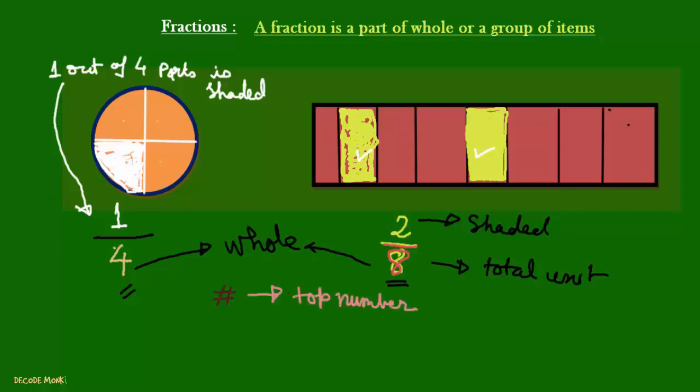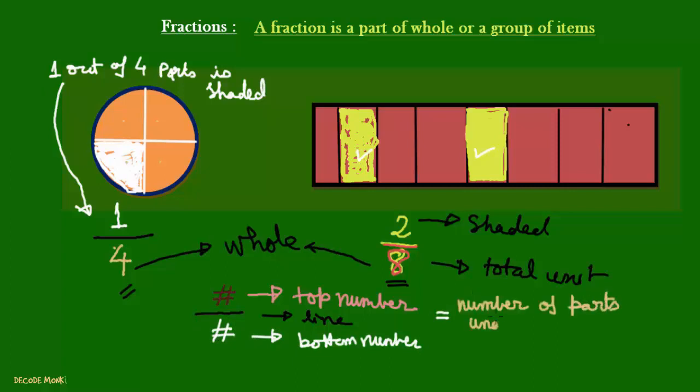Top number, and then there is a line in between, and then there is a bottom number. Now what does this top number represent? This top number represents the number of parts under consideration, and then we draw a line in between, and the bottom part beneath the line represents the total number of parts.